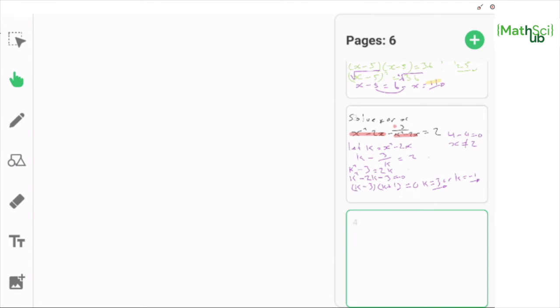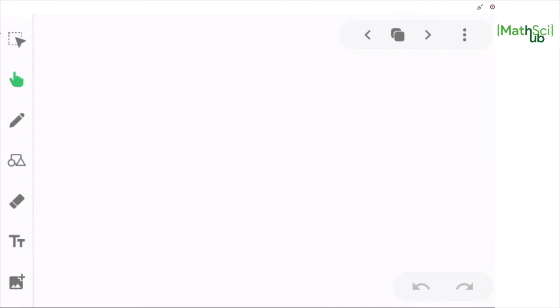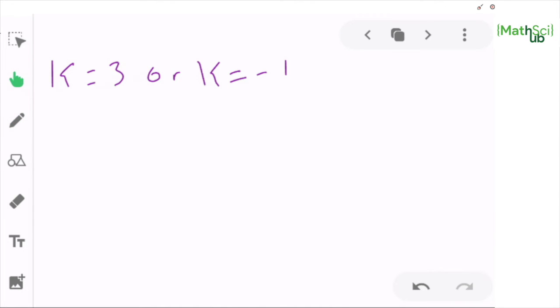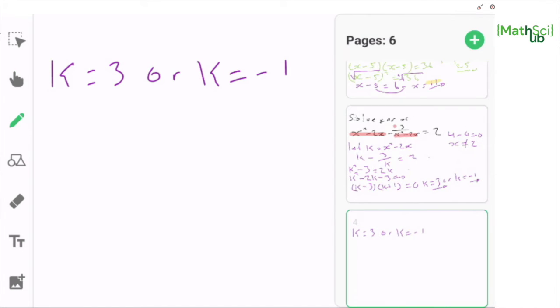And I said your k equals 3 or your k equals 1, right? Let me check again. Now going back here, let's start by substituting the 3 first.